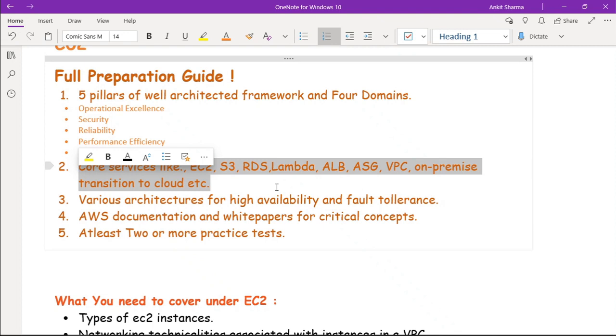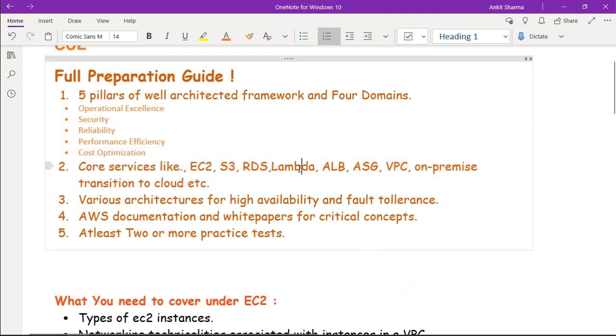So you must be aware of all these core services to the depth I'm saying, because whether or not you know much about AWS CloudFormation or Athena, you must know EC2, S3, RDS, because these are the old services and they pretty much form most of the cloud applications. So that's why all these core services must be covered. You should never miss them.